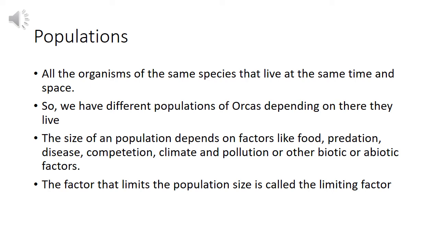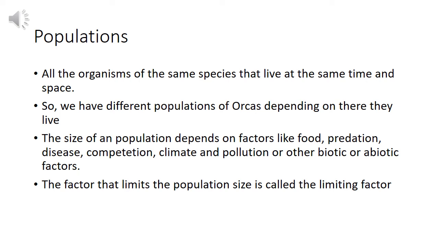Populations are all of the organisms of the same species that live at the same time and space. So we can have many different populations of orcas swimming around in the oceans of the world. The size of a population depends on factors such as food, predation, disease, competition, climate, pollution, and many other biotic or abiotic factors.